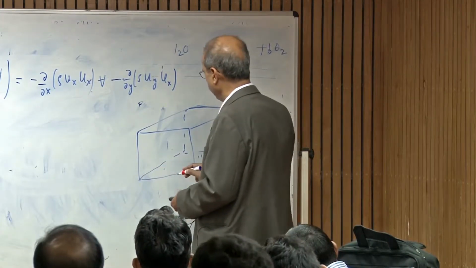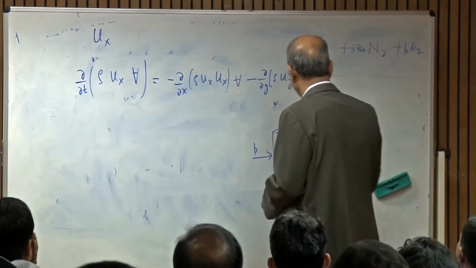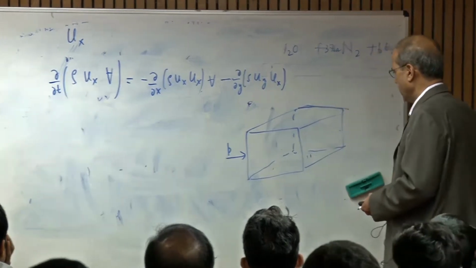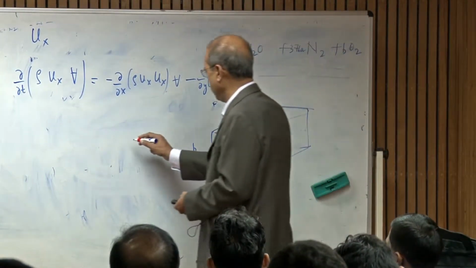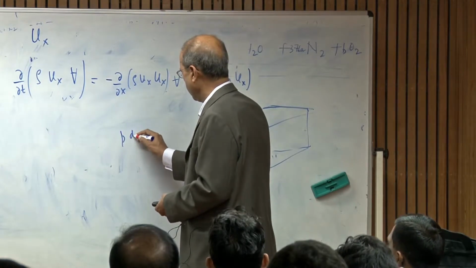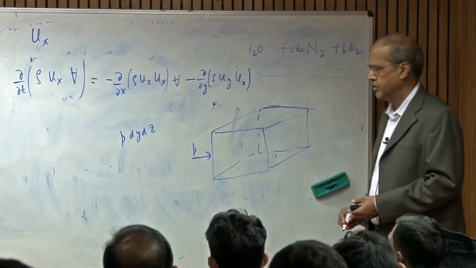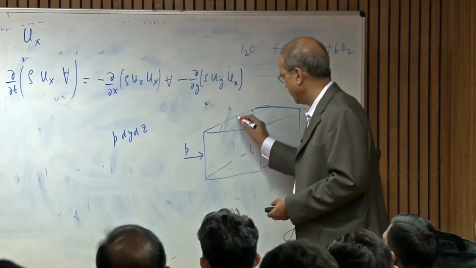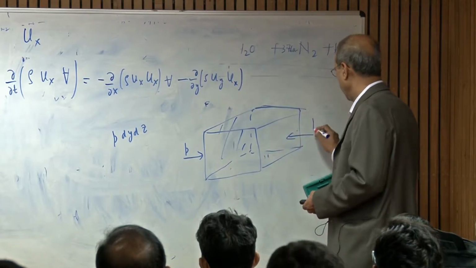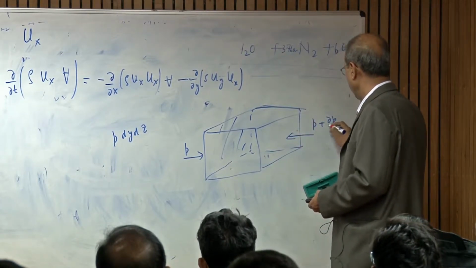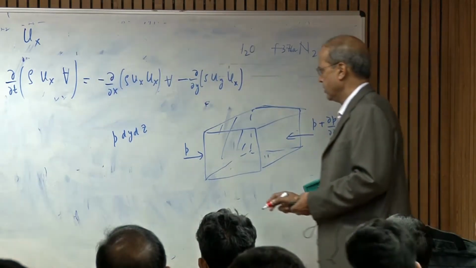So now the pressure forces first. Pressure is the easiest one to deal with. So you have P force here, so that will be P times dy dz on this face. Whereas on this one it will be P plus dp dx times dx.